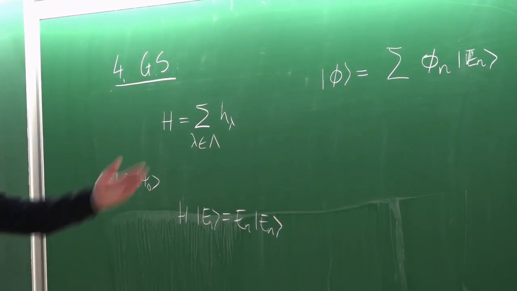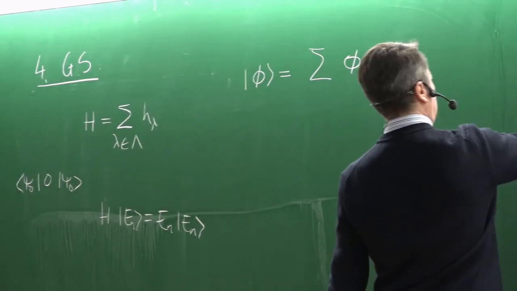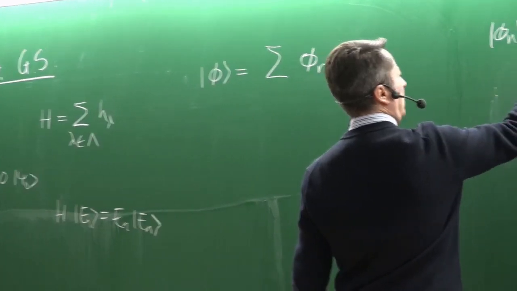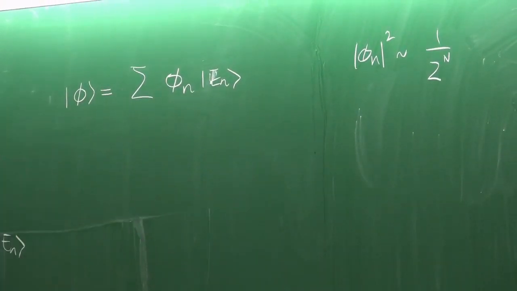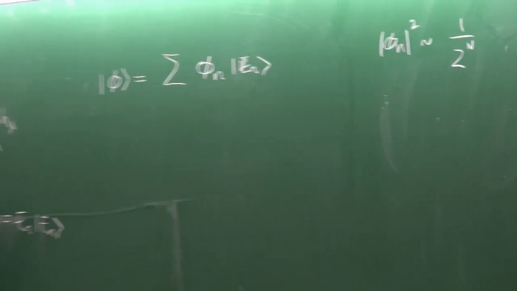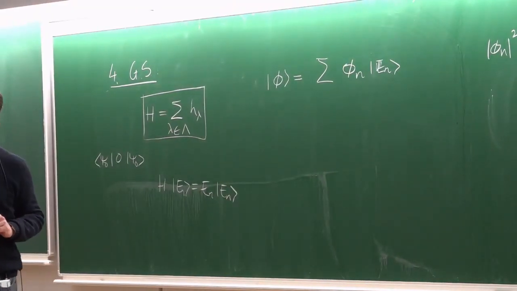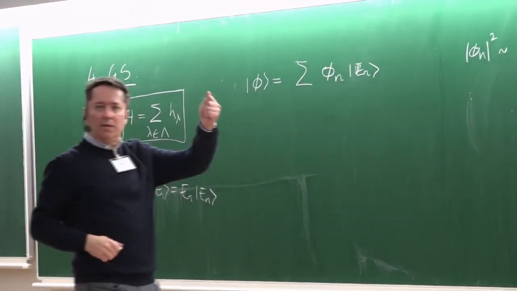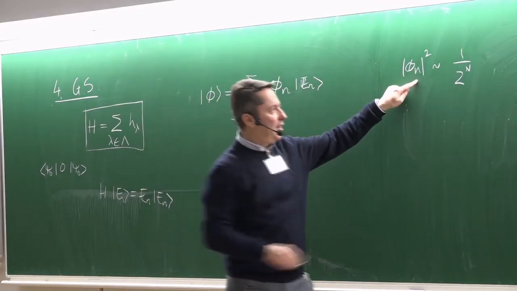Since this is a random state, the coefficients that you will have here will be of the order 1 divided by 2 to the n. And so what you could do now is to measure this observable just once, and with a probability given by this, you will obtain the energy En.